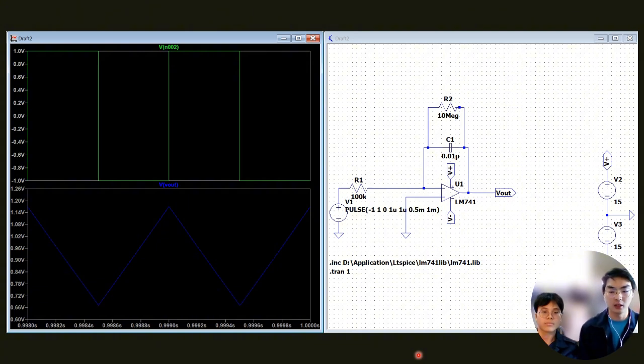However, there is an important addition of a 10 megaohm feedback resistor in the circuit. In an ideal situation, we don't need the resistor, but in practice, real op-amps like the LM741 have a small input bias current. Without this resistor to provide a DC feedback path, the capacitor will charge up from this error current and saturate the op-amp.